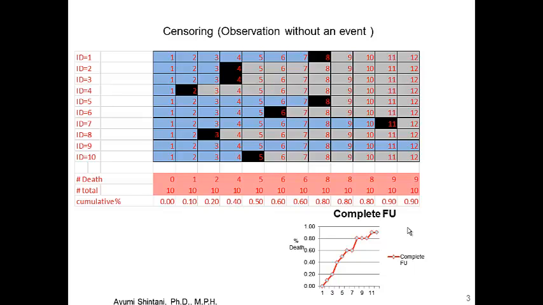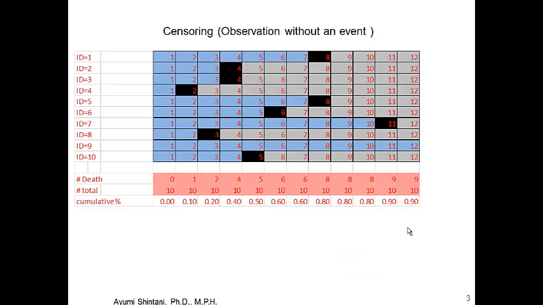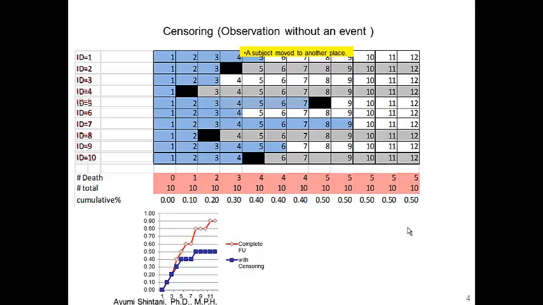The challenge we have is that in a clinical study, you could have a situation where a subject moved to another place, and therefore we do not know what happened to this patient after day 5. For ID number 3, we collected many phone numbers, but we couldn't reach this person with any number, so we lost contact.